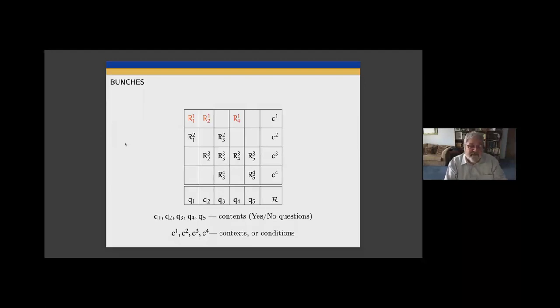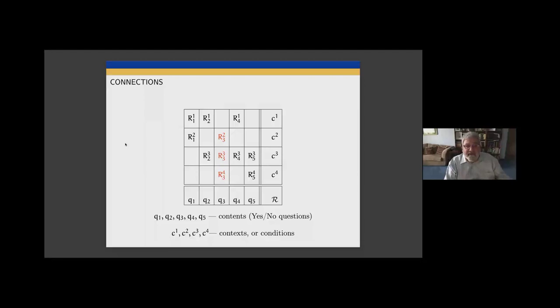So, for example, these red-colored random variables are jointly distributed, and these are jointly distributed. But if you take two different bunches in different contexts, then they have no joint distribution between them, and they are stochastically unrelated in our terminology.